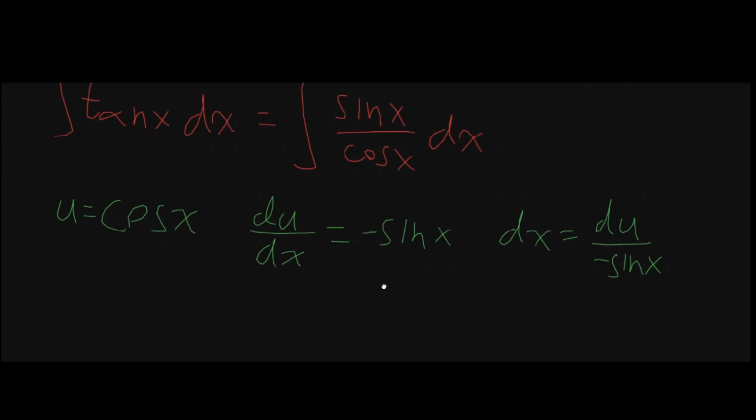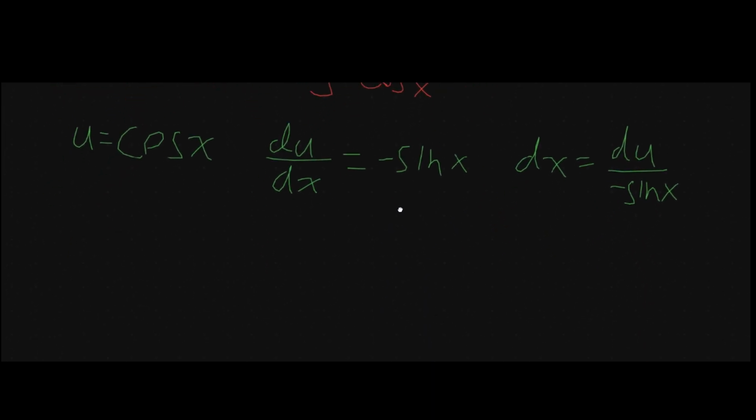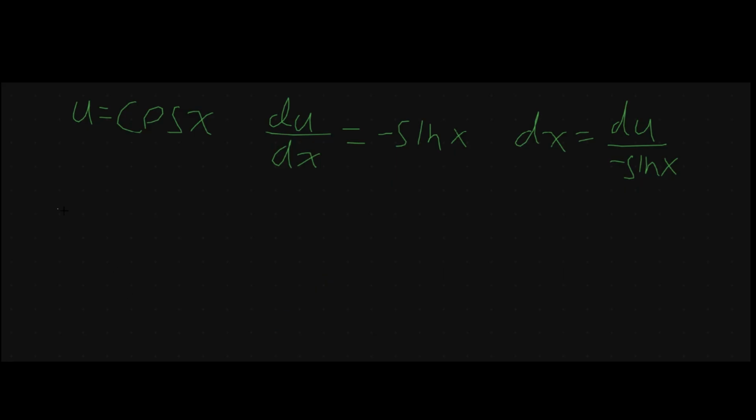Okay, so let's rewrite the integral that we had above. We were left with the integral of sine of x over cosine of x dx. Now we write it again, sine of x, but instead of cosine of x at the bottom, we're going to write u, because that's what we substituted cosine to be.